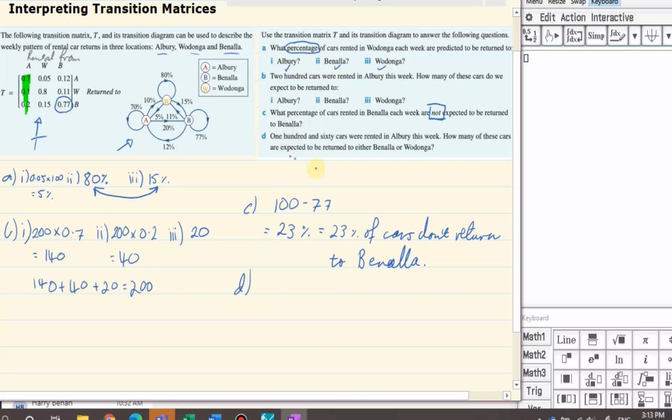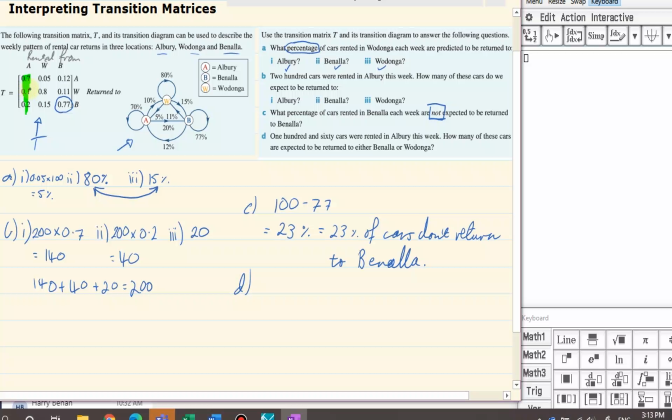Last of all, 160 cars were rented in Albury this week. How many of these cars are expected to be returned to Benalla or Wodonga? We're looking at Albury, and how many of those cars end up in Benalla or Wodonga.